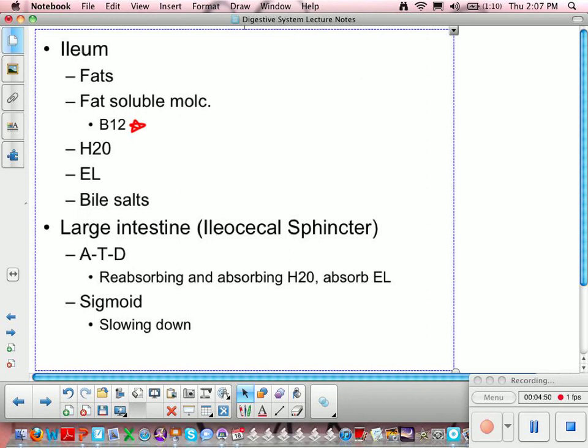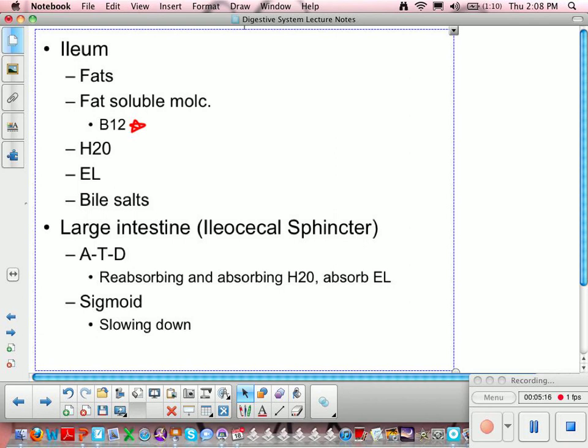So you'll have a shortage of vitamin B12, even if you give someone vitamin B12 orally. If there's a tapeworm in there, the tapeworm will absorb all that vitamin B12. So that's one of the signs of tapeworm infestation. Water is also absorbed there, electrolytes, and the bile salts are reabsorbed there in the ileum.